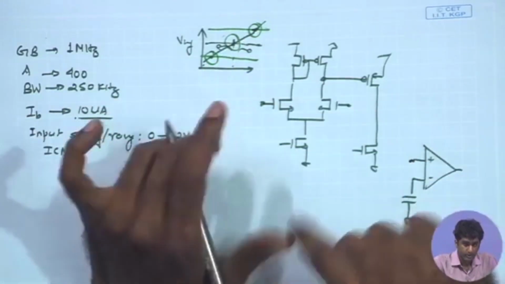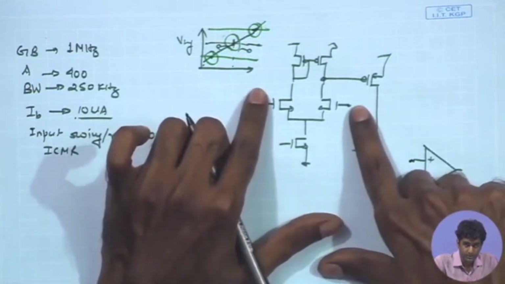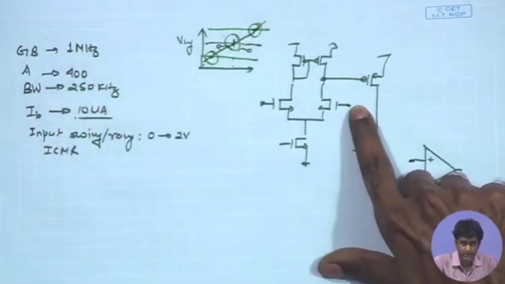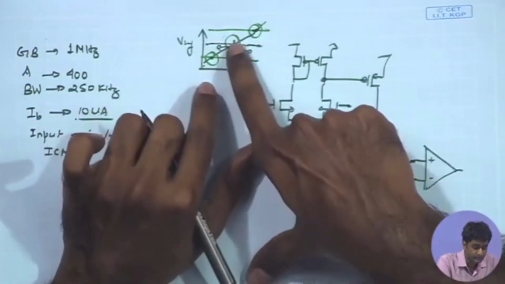and for that it would require that the input common mode range of the comparator is large enough, starting from 0 all the way to VDD, because as we see, the critical point is when these 2 signals are close together.